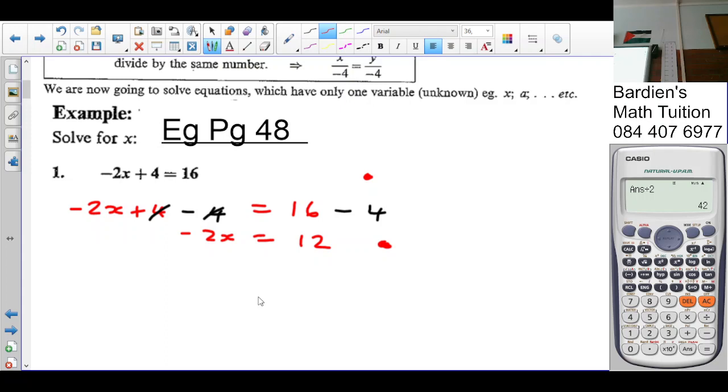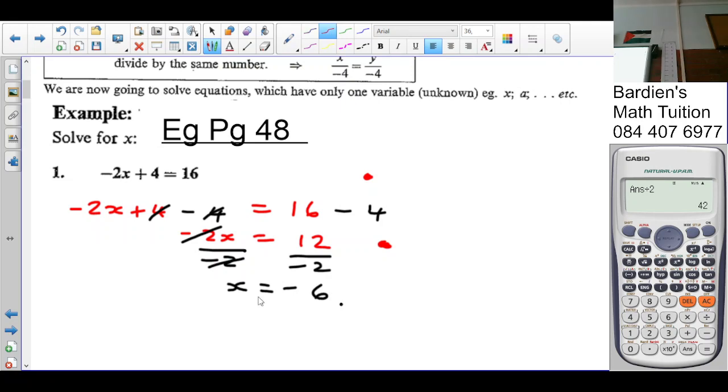It's not always going to be negative 2. So you divide both sides by the coefficient of x. So that cancels, and x is equal to negative 6. You all agree with that?